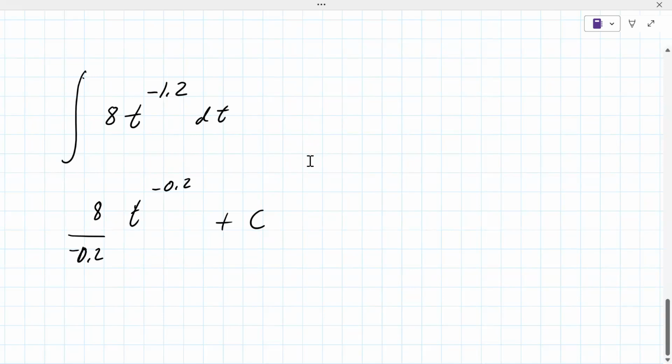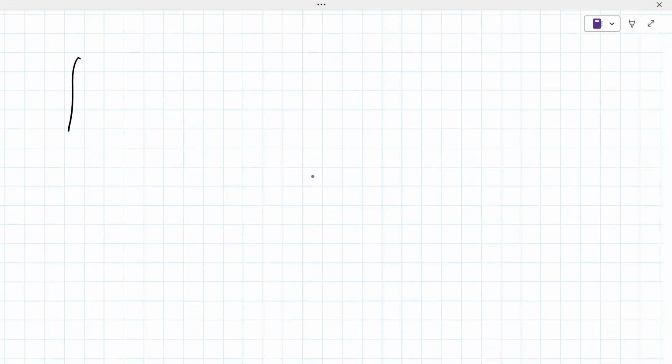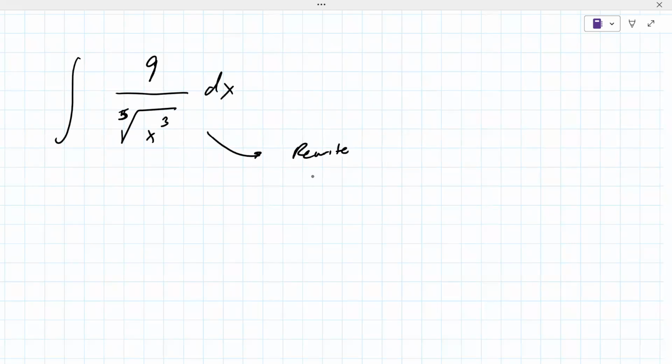Okay. All right. The only other type of problem you might see is something like 1 over the fifth root of x cubed. I only put like a 9 here. Would you know how to rewrite this? I mean, this is all about rewrites. It's not really calculus. It's about, do you remember your college algebra, algebra 2, pre-calculus? So it's gonna be x to the third to the power of 1/5, and then it's gonna come to the top.